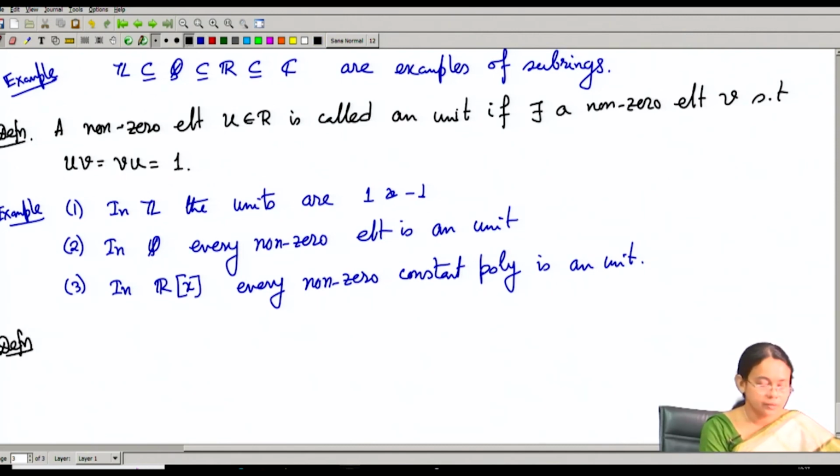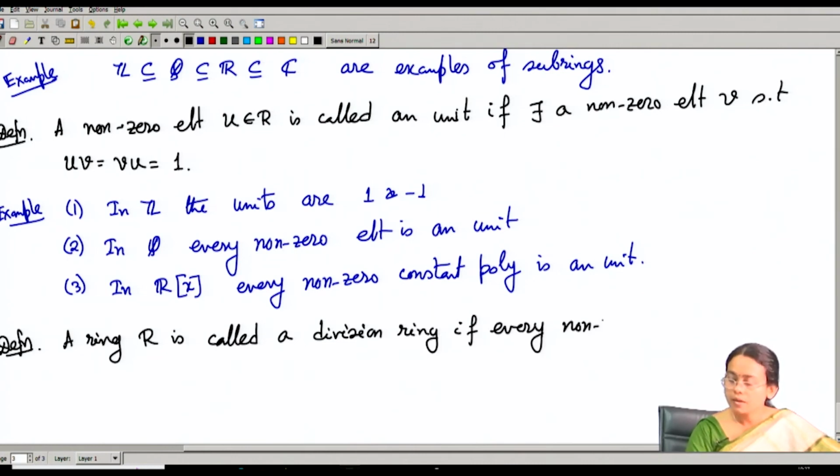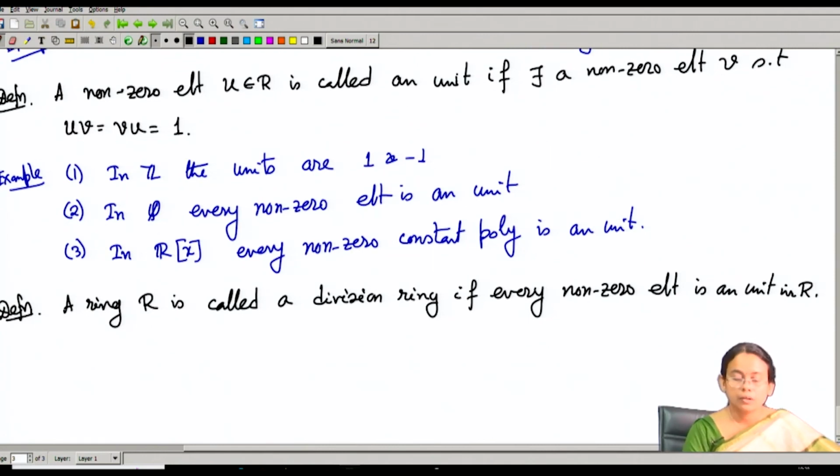So, the next definition says that a ring R is called a division ring if every non-zero element is a unit in R. Of course, Q is an example of a division ring, but I will give you a non-trivial example now.